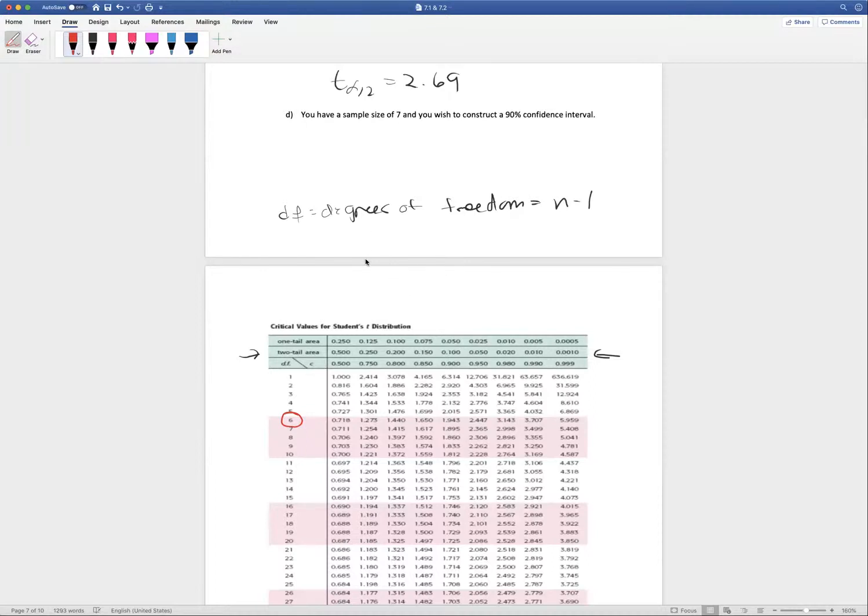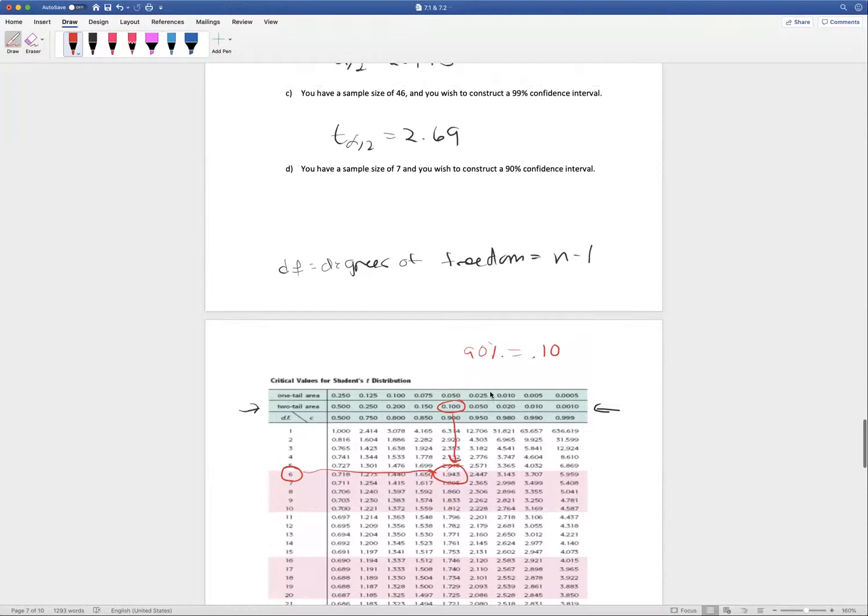Again, it's n minus 1. 90% confident means that we have an alpha level of 0.10, or again, 100% minus 90% gives us 10%. As a decimal, it's 0.10. So here's 10, here's 6. They intersect right here at 1.943. So t alpha over 2 equals 1.943.